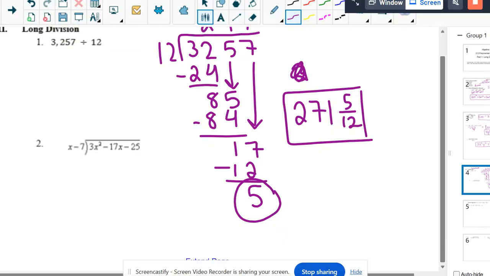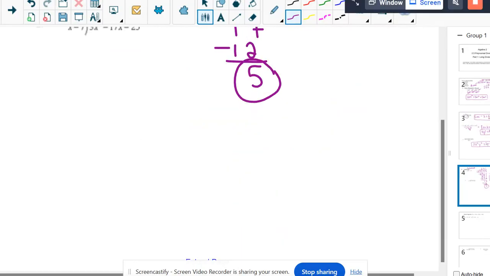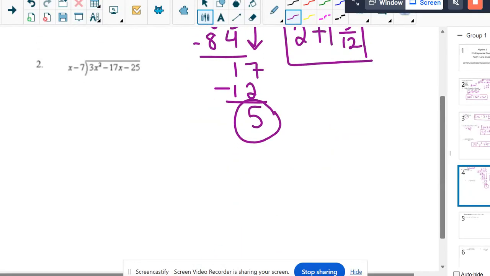So here is the way polynomial long division works. Right now we're dividing this trinomial by this binomial. You take the first term of the dividend and divide it by the first term of the divisor.